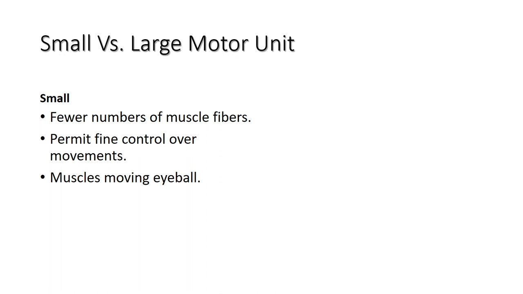The best example in the humans is the small motor units of the extraocular eye muscles that move the eyeballs. Small motor units are also involved in the many fine movements of the fingers and thumb of the hand for grasping and texting.